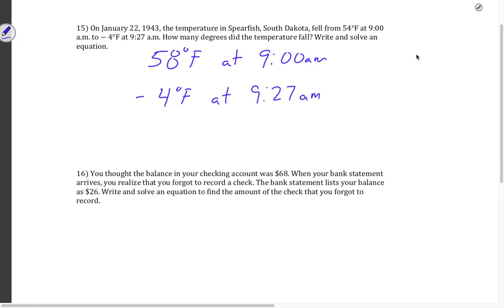When I'm trying to find how much is between 2 numbers, I subtract them. 2 negatives make a positive. Oop, I gave you the answer. So I subtract the 2 numbers and I get 58 degrees Fahrenheit. So in less than 30 minutes, the temperature fell 58 degrees.